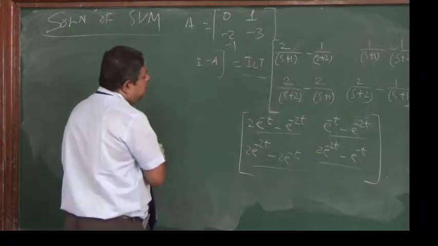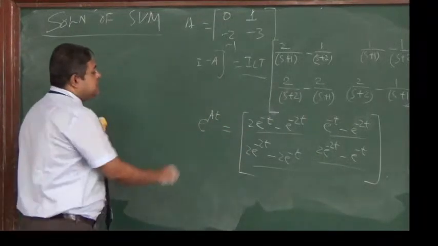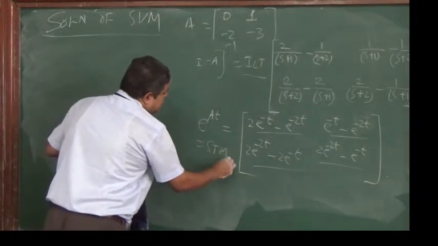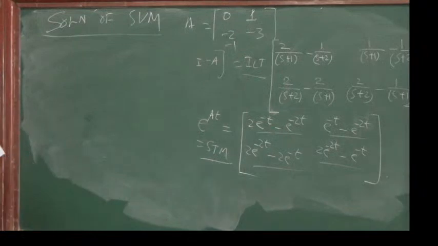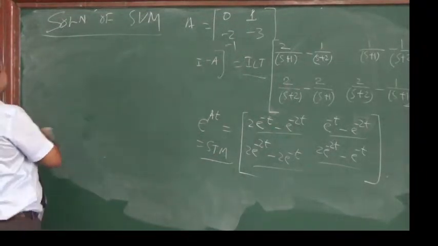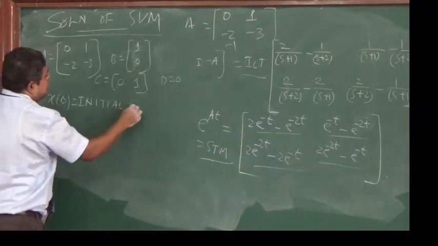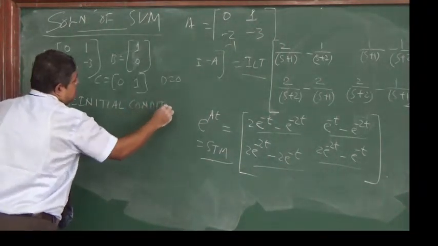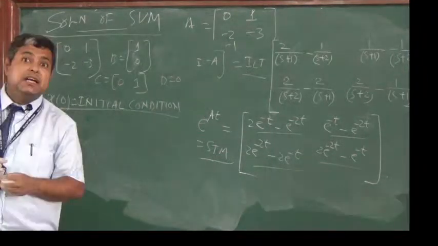So I'll just write down, this is e raised to At is equal to the state transition matrix, like this. Why is the state transition matrix required? That topic is the solution of the state equation, because the solution of the state variable requires the initial condition of the matrix.